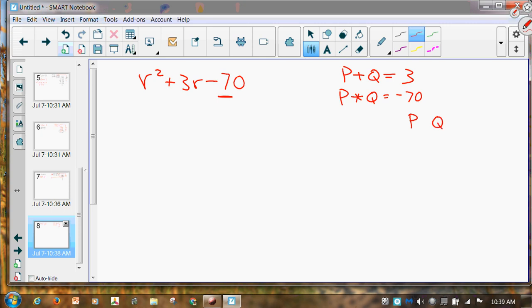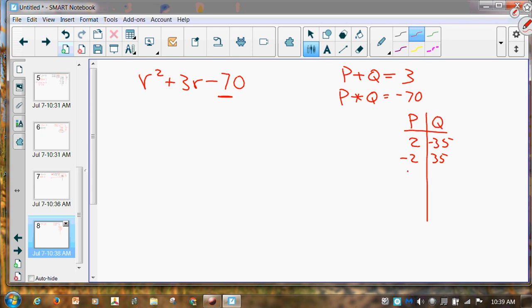So do our little table, and what are some factors, all right? Well, we could do 2 times 35, and I could do a minus here and a positive here. I could do minus 2 times 35. I could do, what else?